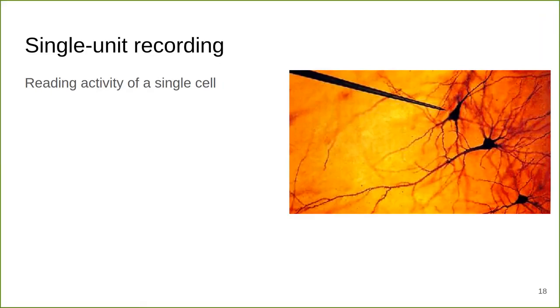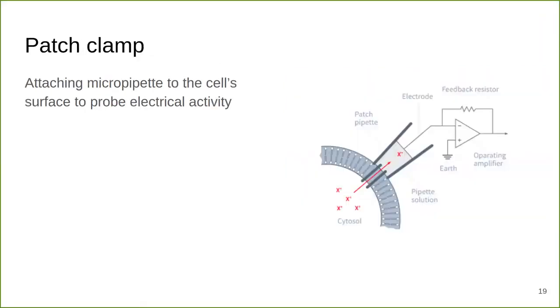You can go even deeper and start recording the activity of a single cell. And for this, there are a variety of methods. One of them is to use a patch clamp to attach a pipette directly to the cell surface to probe its electrical activity.